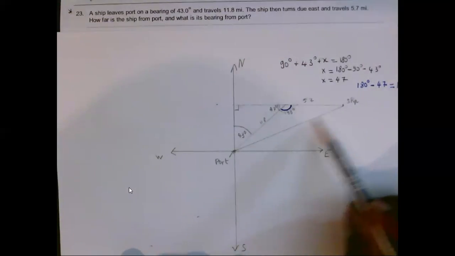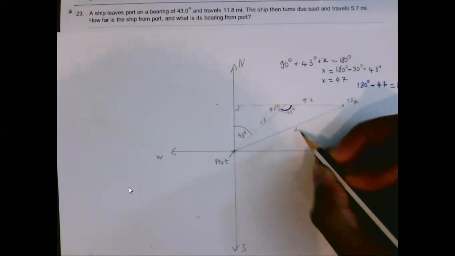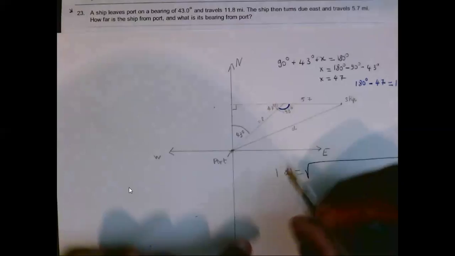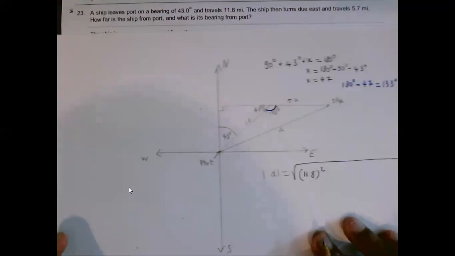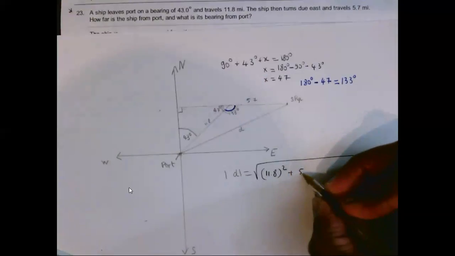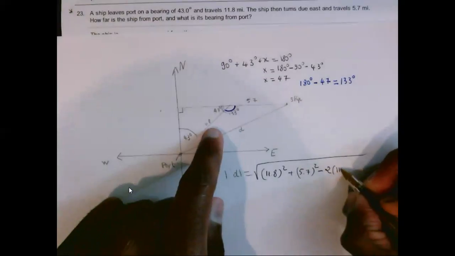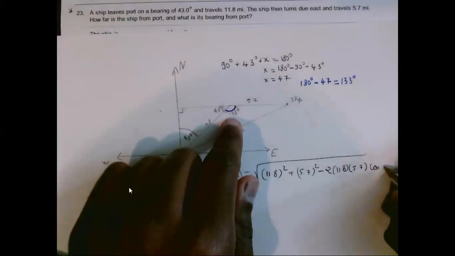So d is equal to, based on the law of cosine, the square root of the side that is here, 11.8 squared, plus this other side that is here, 5.7, I square that, minus 2 times 11.8 times 5.7 times the cosine of the 133 degrees, right here.